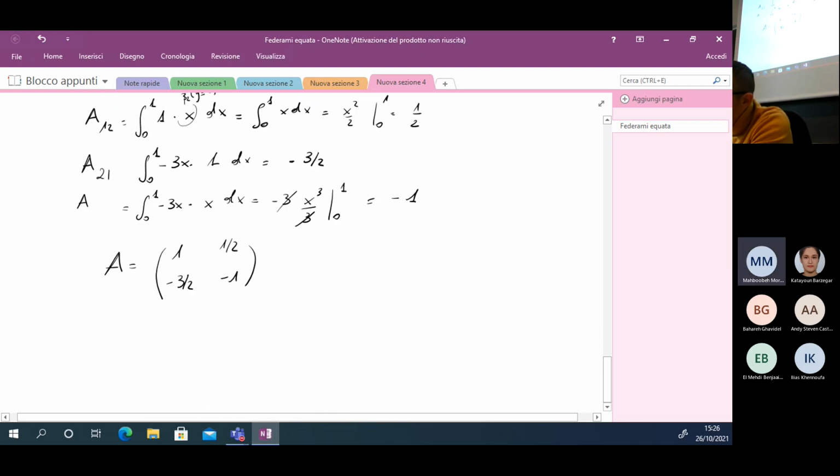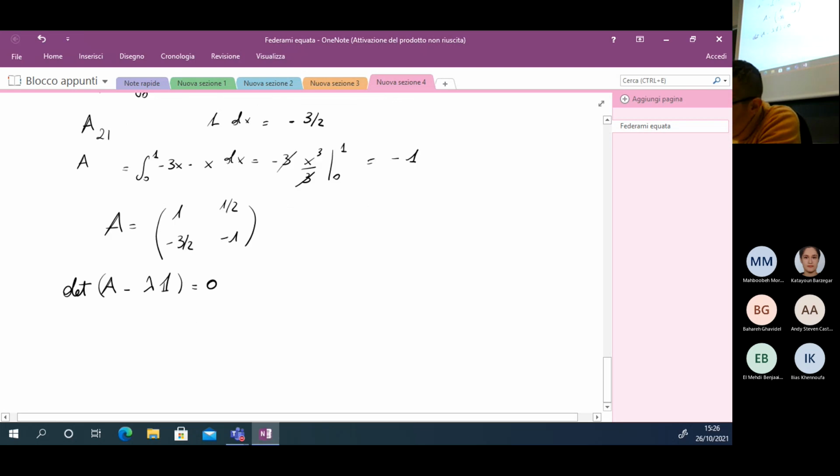Okay. Then we get this matrix here. What do we do with this matrix? Let's find the eigenvalues of the matrix. The eigenvalues are given by the determinant of the matrix minus lambda times the identity matrix equal to 0.